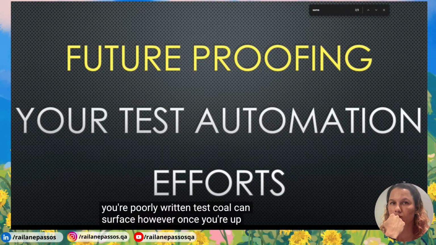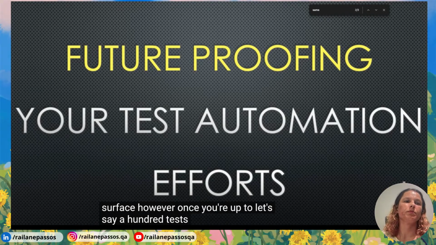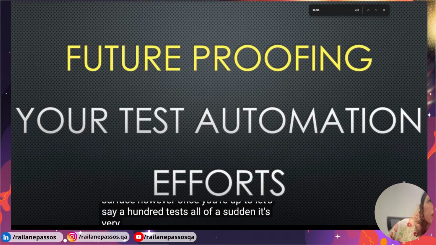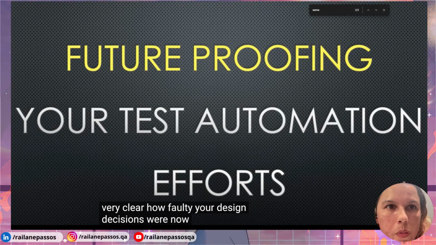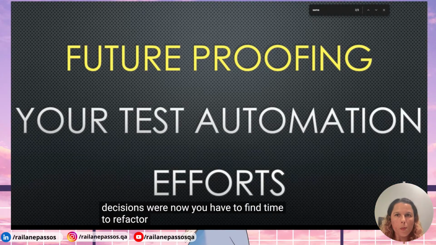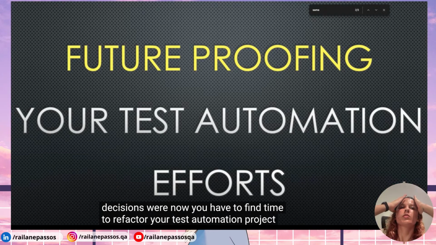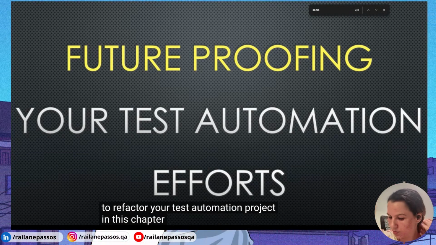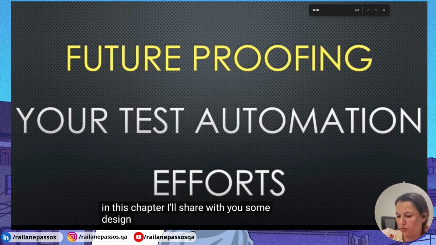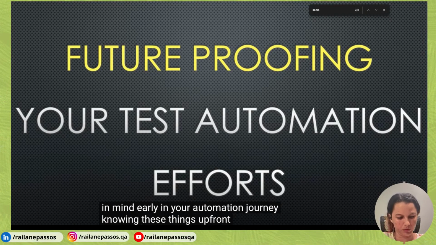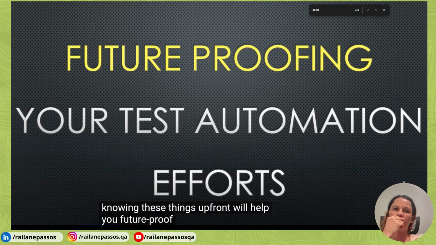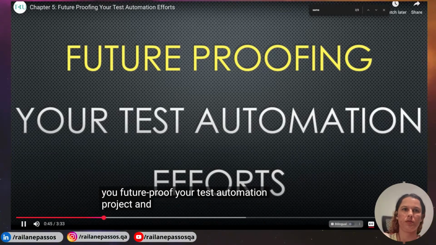However, once you're up to, let's say, 100 tests, all of a sudden it's very clear how faulty your design decisions were. Now you have to find time to refactor your test automation project. In this chapter, I'll share with you some design considerations that you can keep in mind early in your automation journey. Knowing these things up front will help you future-proof your test automation project and save you lots of time and headache.